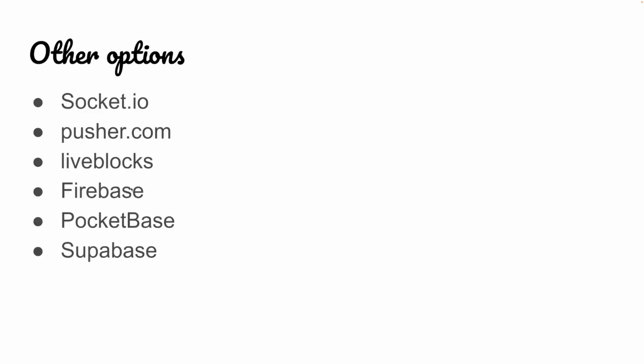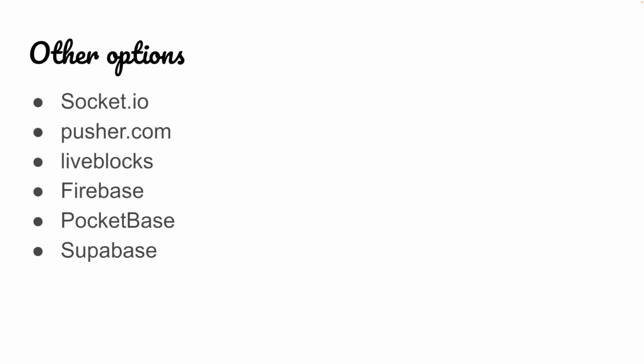Pusher is another service. Personally, I've never used it, but it comes up all the time. Liveblocks is something new, used in collaboration apps. These technologies all work over WebSockets, and if you use them, you don't really have to deal with the internals of WebSockets, because they just have an SDK that you use.